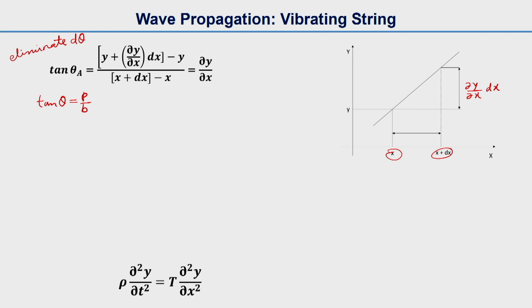So from the tan theta a we have x plus dx minus x, that means this dx, and finally it ends up with partial of y with respect to x.